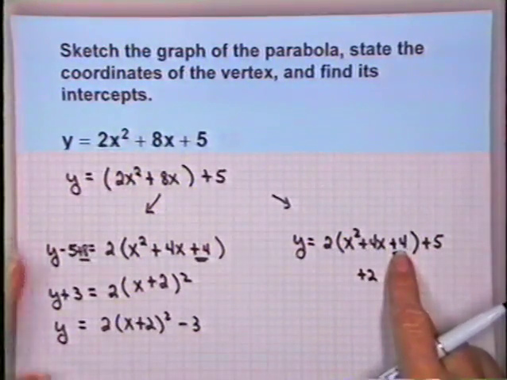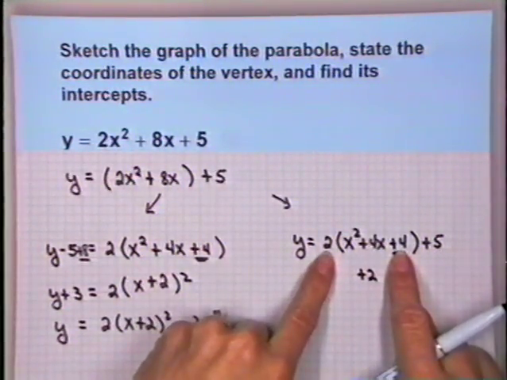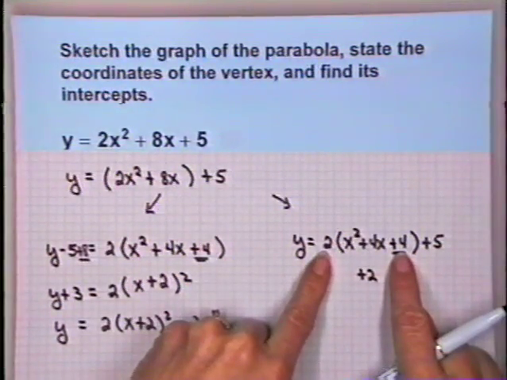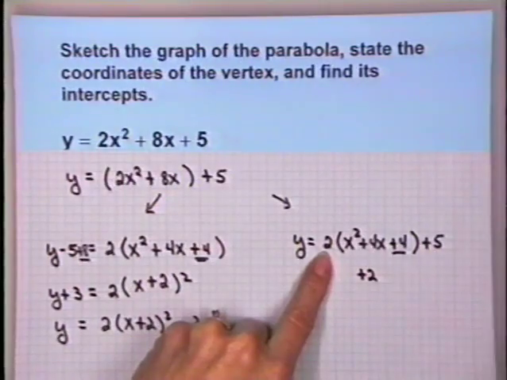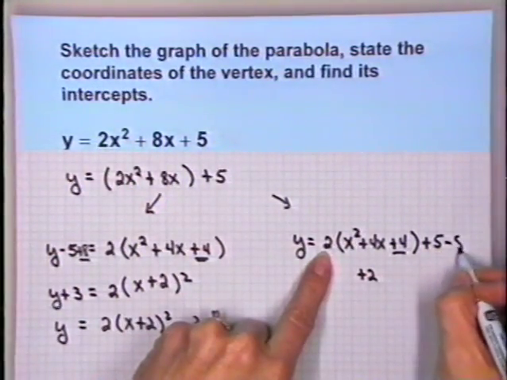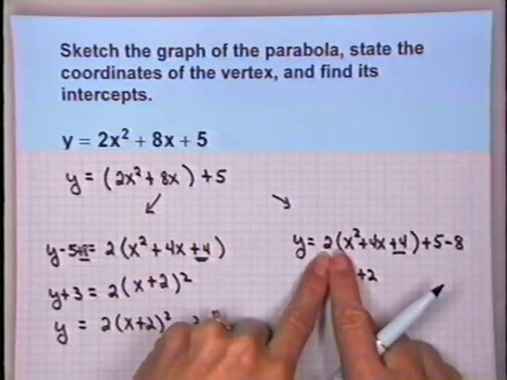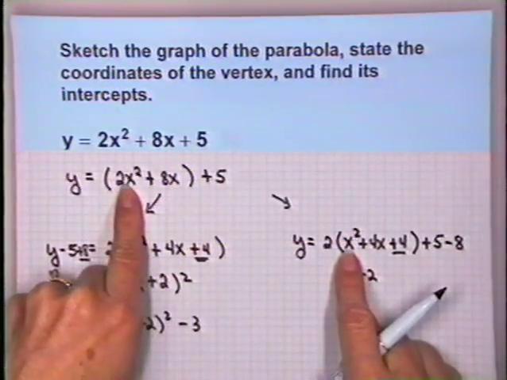Notice again, this 4 is being multiplied by 2. So I have added 8 to the right-hand side of my equation. Instead of adding 8 to the left hand also to keep it equal, this time I'm going to subtract 8 from this side. Now let's look at this. Right now, if I multiply, I have 2x squared right here.